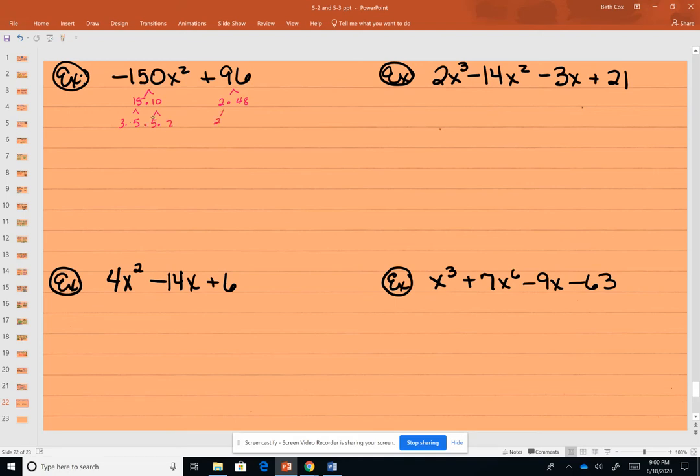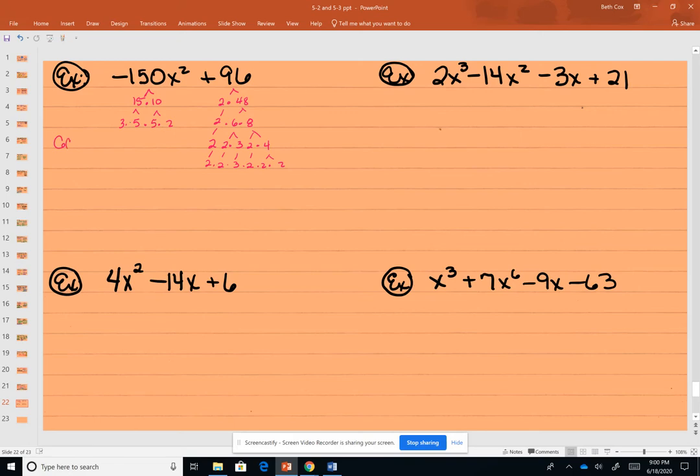Bring down that 2, and this is 6 times 8. Bring down that 2, this is 2 times 3, and the 8 is 2 times 4. Almost done. So 2, 2, 3, 2, 2, and 2. Oh, goodness, that was big.